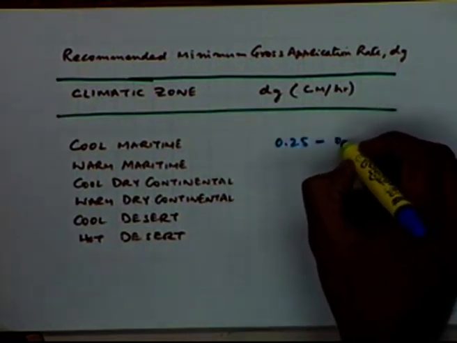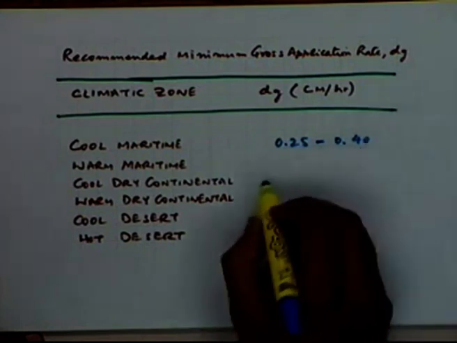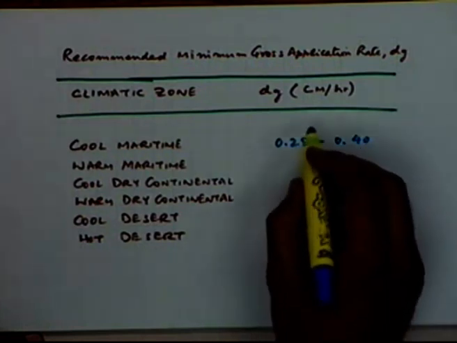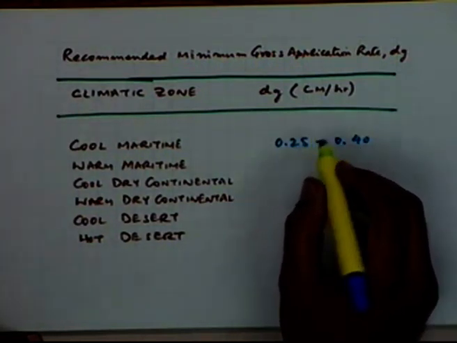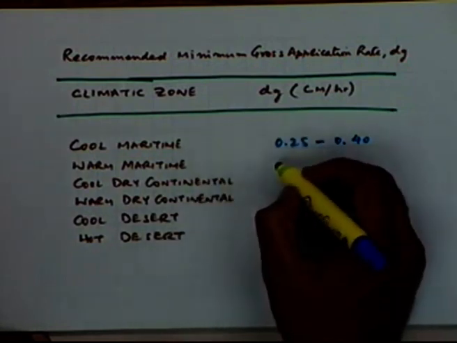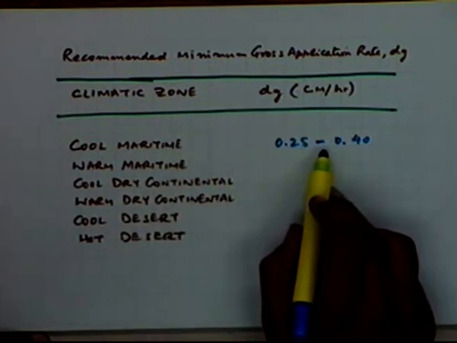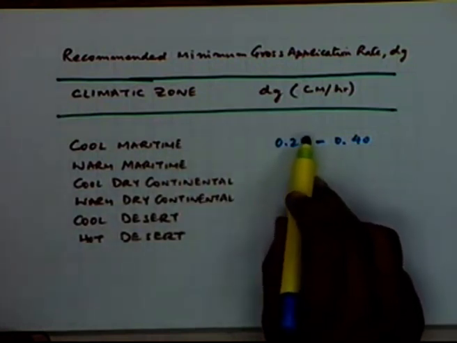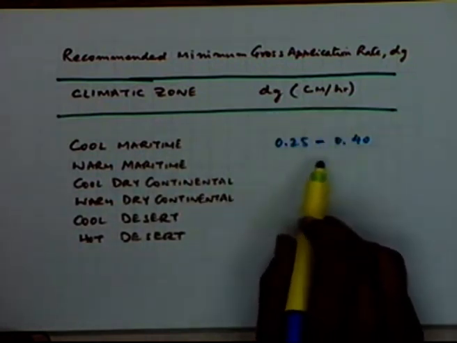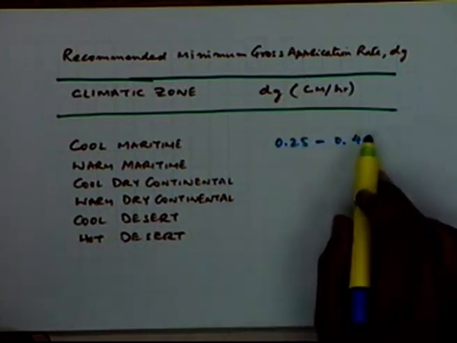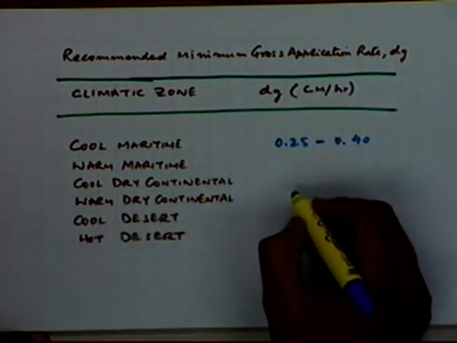You might have to adopt these recommended rates, otherwise your efficiencies will be really very drastically affected. So for a cool maritime climatic zone, your gross application rate can vary between 0.25 to 0.4 centimeters per hour.